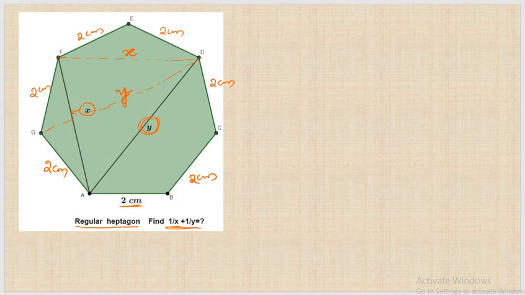That means F, G, A and D also lie on that circle. If 7 points lie on the circle, then among those 7 points these 4 points also lie on the same circle. So ADFG is a cyclic quadrilateral.